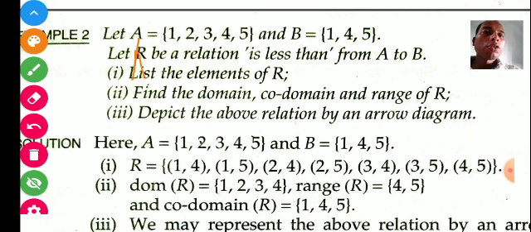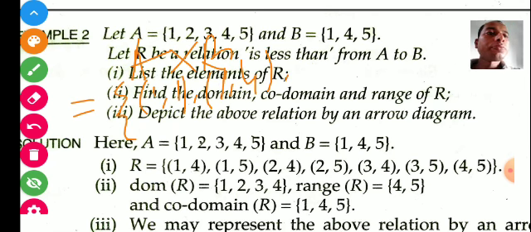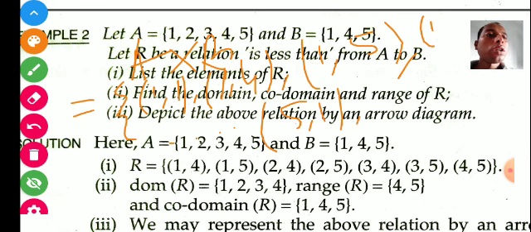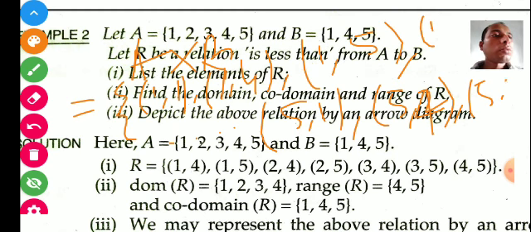So in A cross B, what elements will be there? In A cross B, the elements will be (1,1), (1,4), (1,5), then (2,...) similarly it will continue, and last we will get (5,1), (5,2), (5,4), and (5,5).